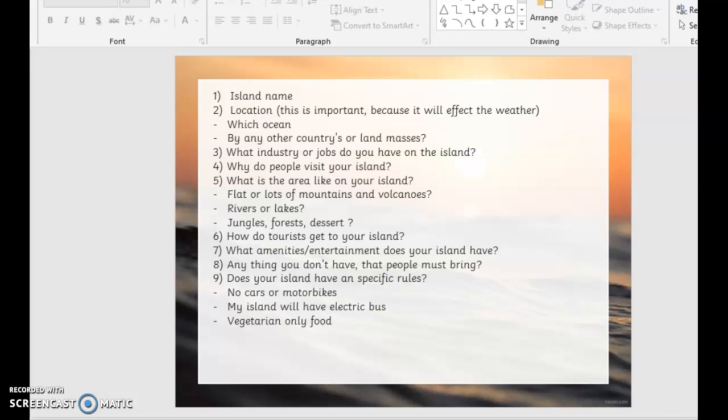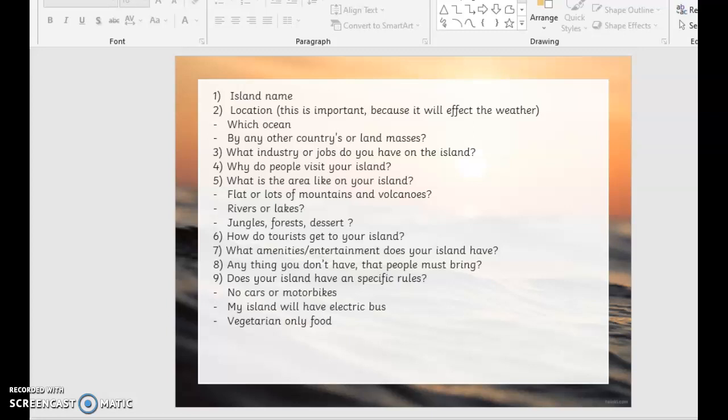What is it by? Is it by any other countries that exist now? And remember, this will affect the weather. If it's north by the US, Russia, or Canada, it will be colder. And if it's south by Hawaii, New Zealand, or Australia, it will be warmer.